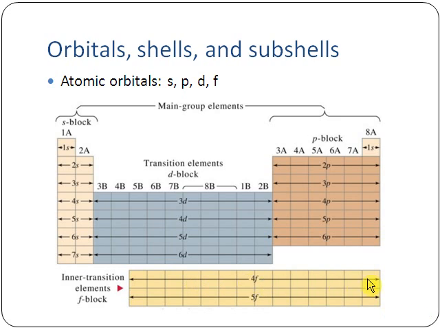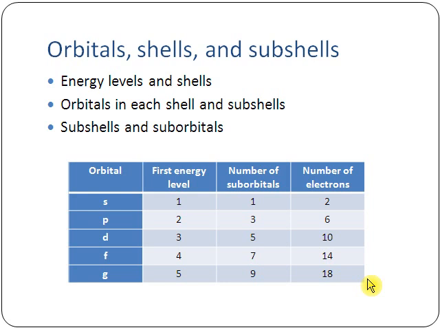So 14 electrons, 2 per suborbital, so therefore it would have 7 suborbitals. So what you can see is that s had 1 suborbital, p had 3, d had 5, f had 7, g, which we didn't talk about, has 9. What do you think h has? 11. And so as we go, the number of suborbitals always goes up by odd numbers. And so we've got that.